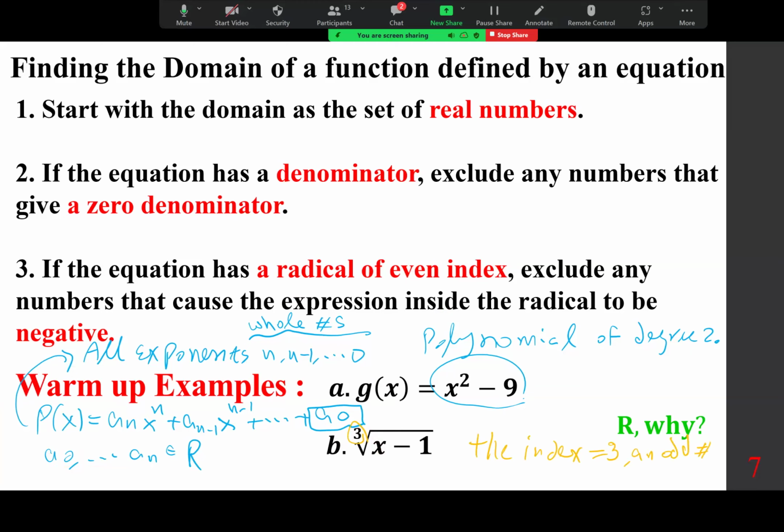It's an odd number, everybody. Okay. So pretty straightforward.